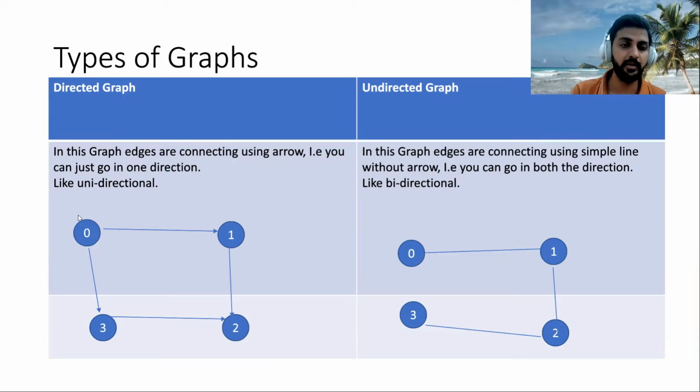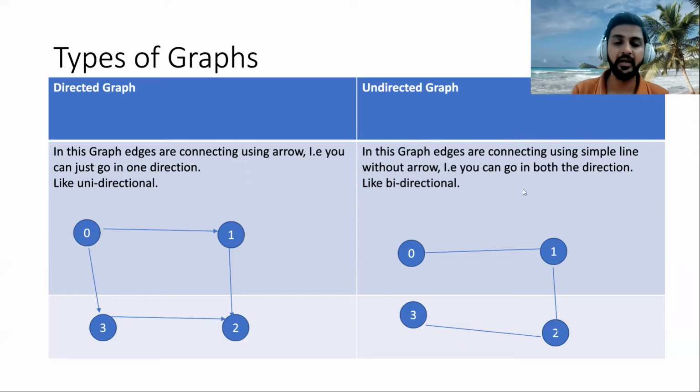Here in this example, we are going from 0 to 1. You cannot go from 1 back to 0 because this is unidirectional. You can go from 0 to 1 only. So graphs in which we have arrows, where we can only go in one direction based on the arrow, come under the category of directed graphs.